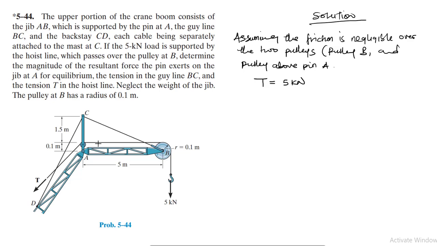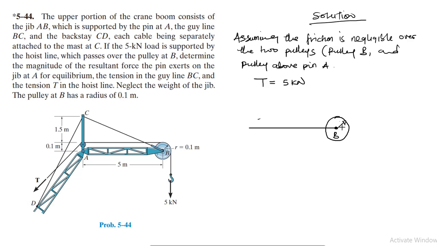So if that is the case, then let's redraw the free body diagram, since we want to find the reactions at A and the force in BC. If I was to draw the free body diagram, I'll draw it like so. I'll only have a straight line, something like this. This point here I'll call B. Then I'll have one pulley here. My circle is not very good. Something like that.